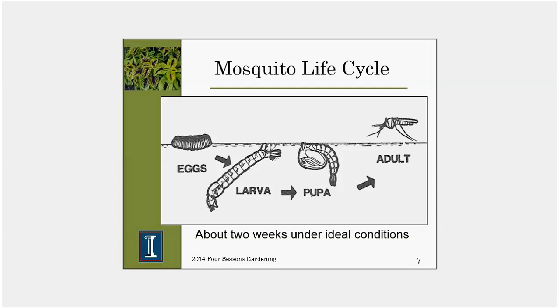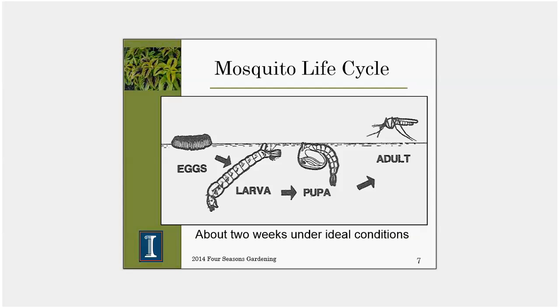Again, the larvae feed on debris that they filter out of the water with mouth fans, real fine strainers. In the larval stage, if it's disturbed, it will dive to the bottom and wriggle violently. And so another name for the larval mosquito is a wriggler.